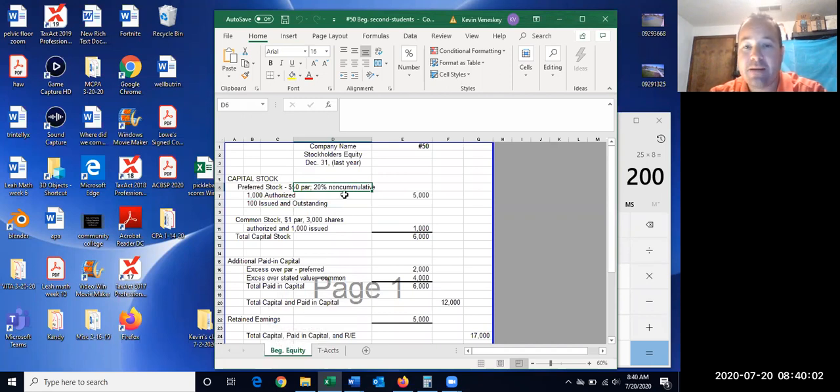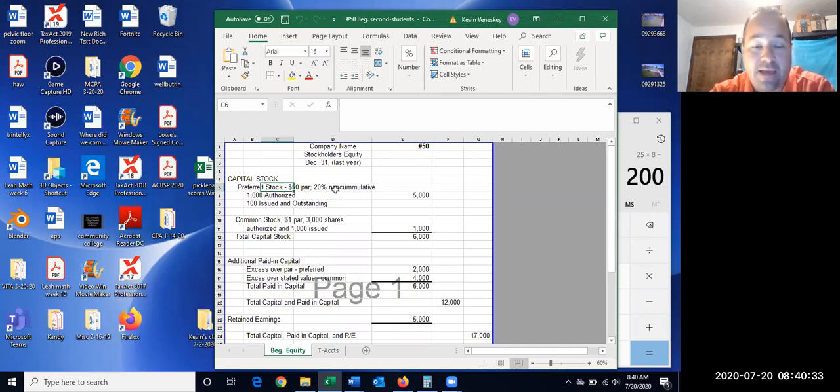Non-cumulative simply means that if no dividends, or not enough dividends, were given in a certain year, so let's say there was just one share. 20% of 50 is 10. So 10 bucks. If only $9 were paid that year, that one shareholder would be missing out on $1. Common would get nothing. But if it's non-cumulative, they don't get that back dividend from the prior year. They just start over the next year.